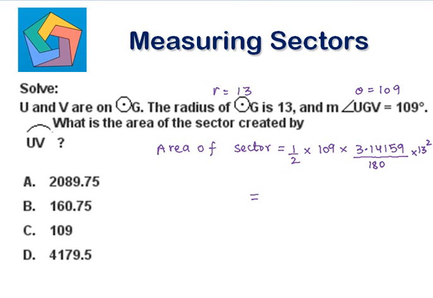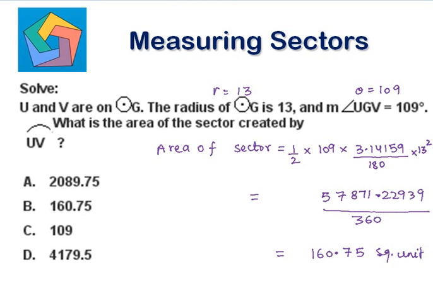This is equal to 57871.22939 divided by 360, which is equal to 160.75 square units, which is the answer in the B part. Next problem.